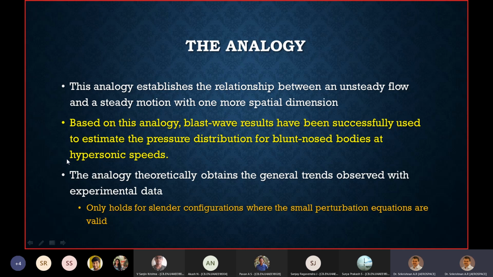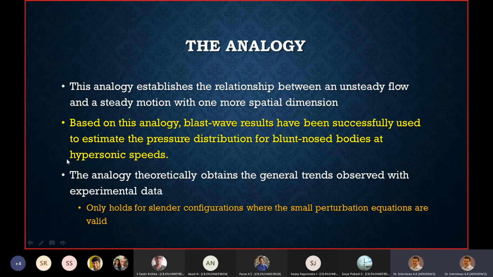They have been successfully used to estimate the pressure distribution for blunt-nosed bodies at hypersonic speeds. In fact, I should correct it as blunt-nosed slender bodies, because it is only applicable for slender bodies. This adaptation of those results is based on the analogy, and it provides some useful trends which are in agreement with experimental data.